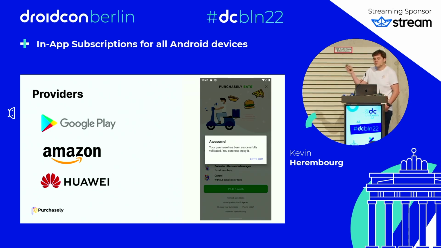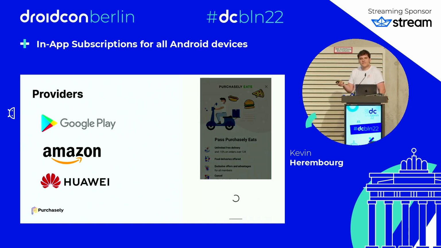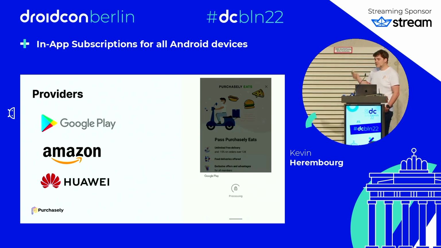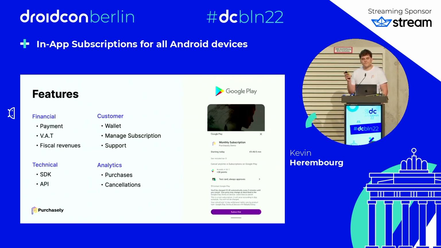For that you need to use one of those providers. So for example, if you are providing your application through Google Play, you need to use Google Play Billing, and this will open the Google Play subscription page and handle everything directly with the user.